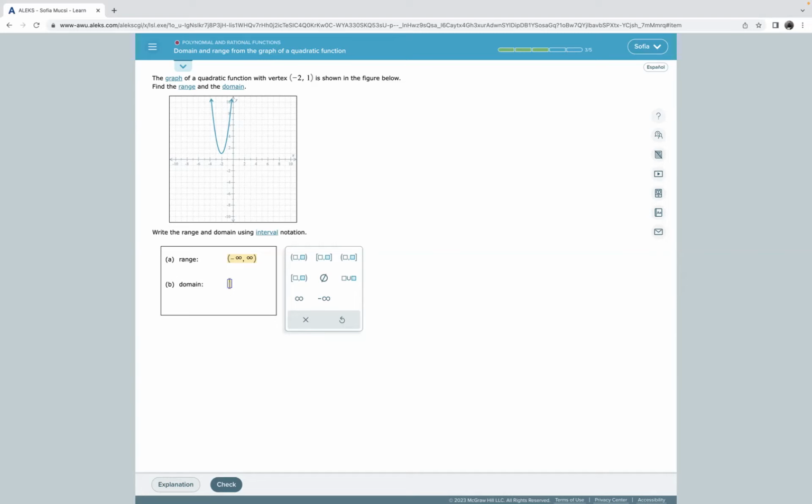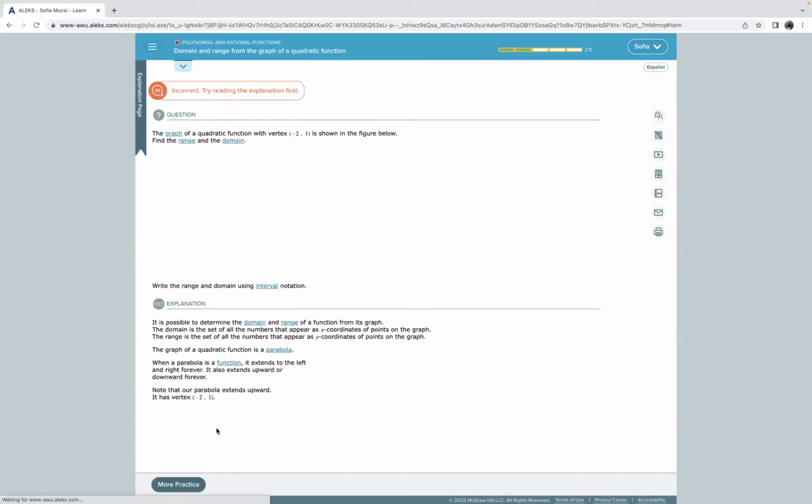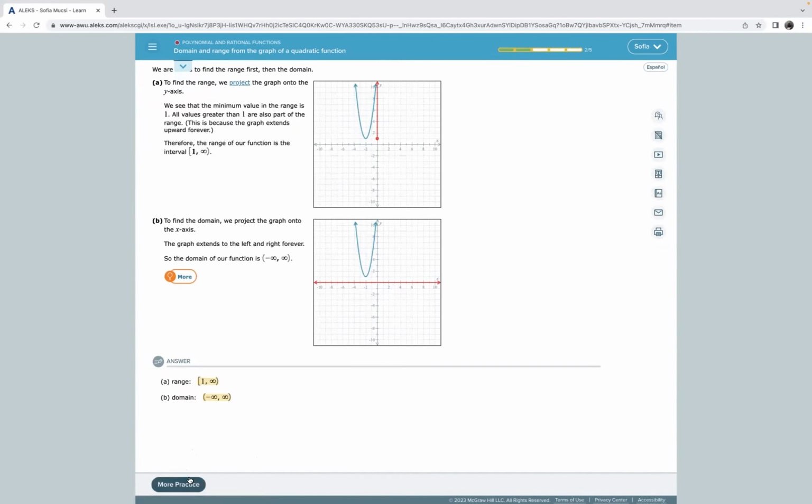Why does the number get the bracket? Because it actually can take on that value. Like it actually can be 1, but infinity is a destination. Oh, that's why parentheses, right? Yes. There you go. Oh wait, it's not -1. It's +1. That is my mistake.